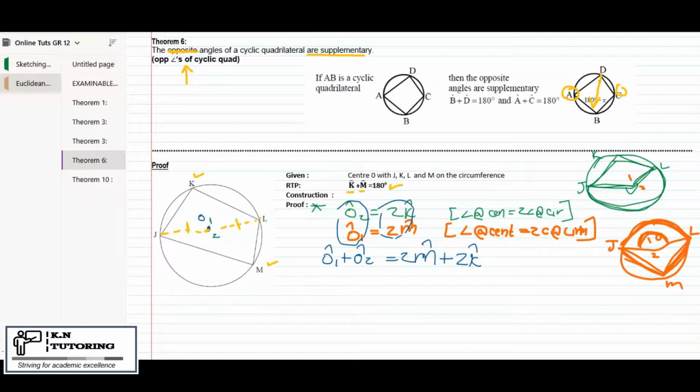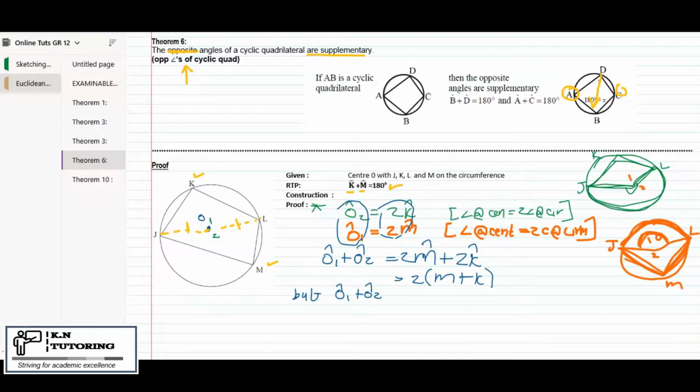Okay, so O1, now I'm going to summarize this. I've got 2 as a common factor. I'm going to say 2 times M plus K, and then I'm going to say, but what is O1 plus O2?